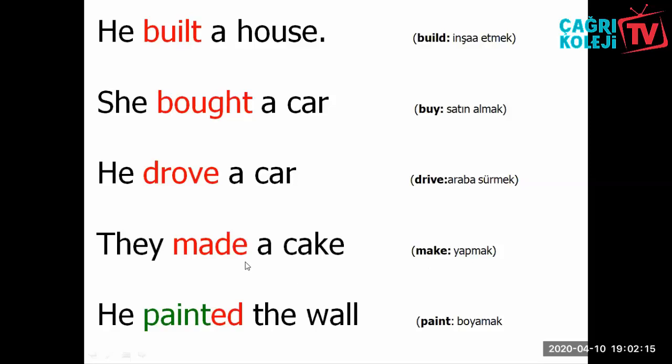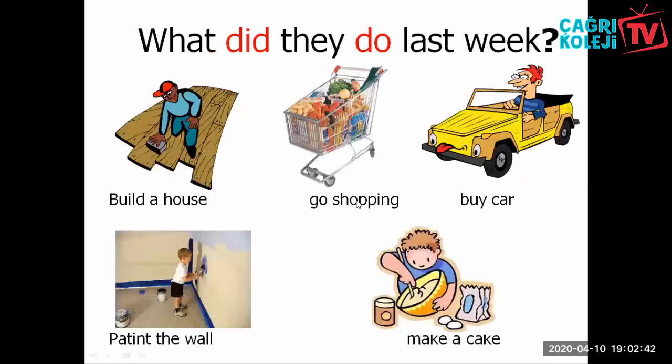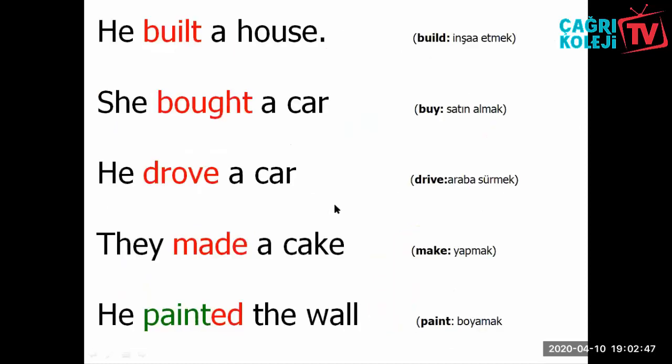Make changed into made. Paint here is a regular verb. We just add ed. He painted the wall. He built a house. She bought a car. He drove a car. They made a cake. He painted the wall. She went shopping.